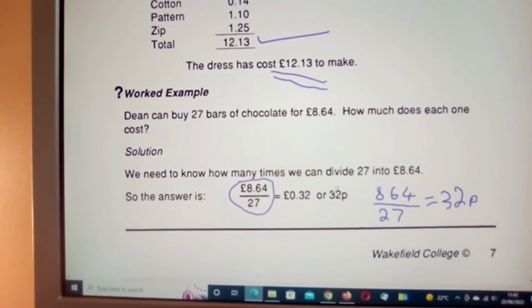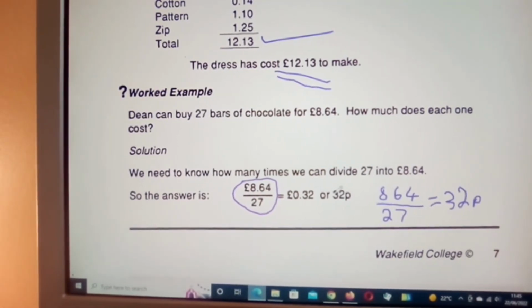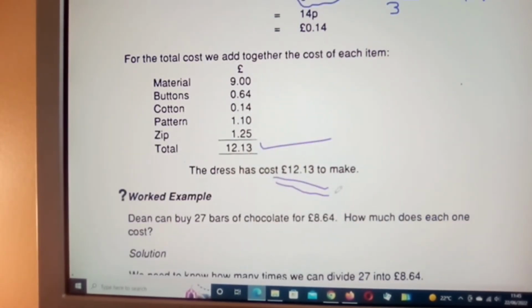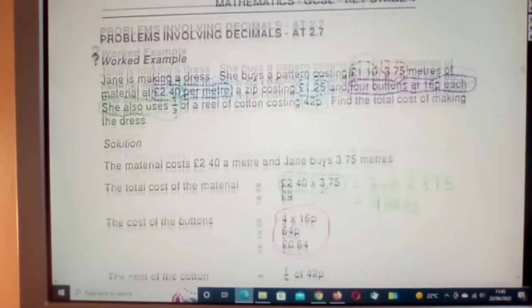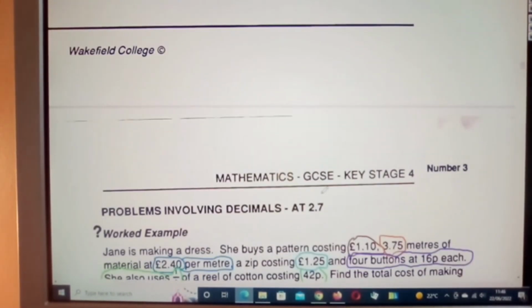Okay, now I hope you found this useful. And let me just make sure we got it all in. Okay, and it can be seen. That's good.